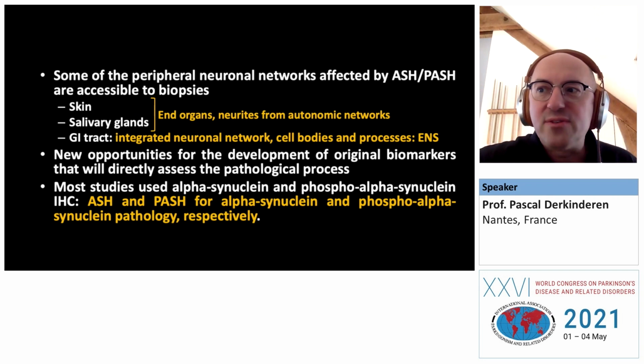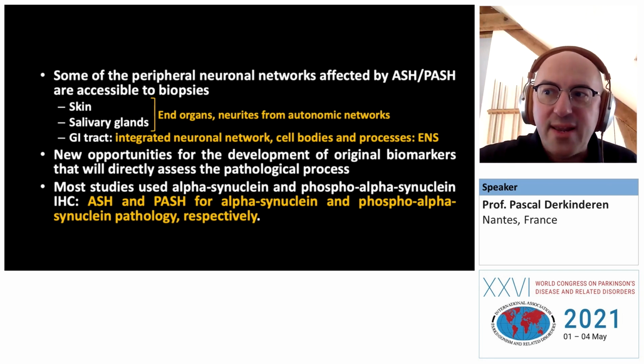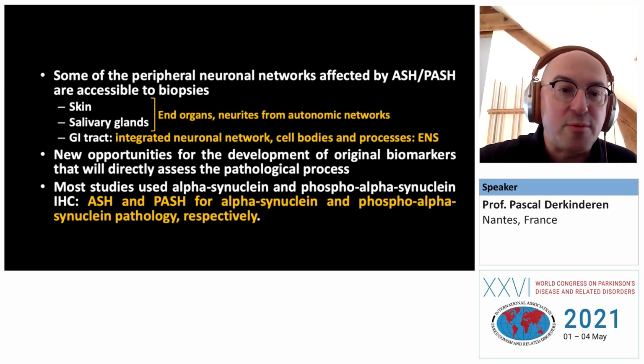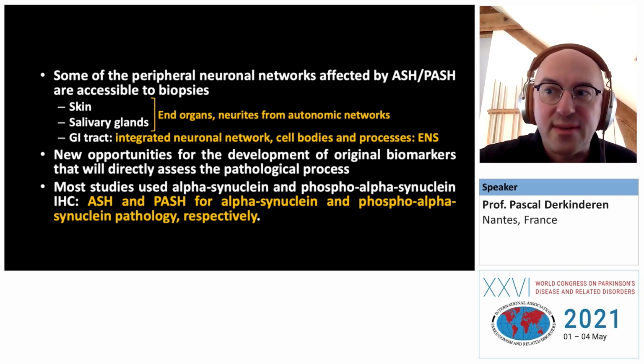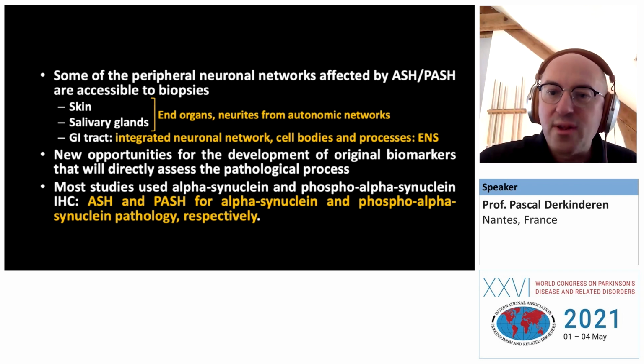This provides new opportunities for the development of original biomarkers that will directly assess the pathological process in living subjects with Parkinson's disease. Most studies used alpha-synuclein and phospho-alpha-synuclein immunohistochemistry for the detection of pathological alpha-synuclein.